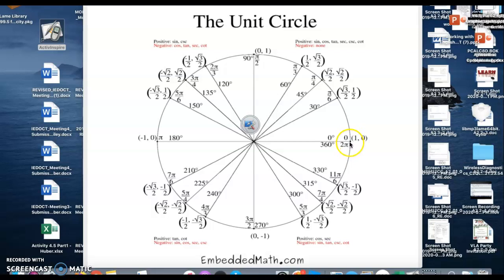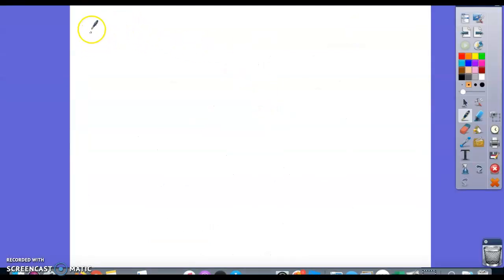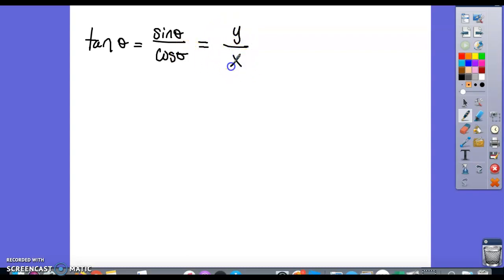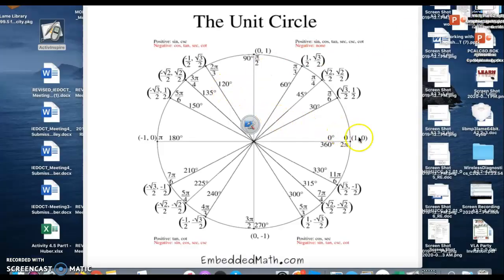All right, so when we are graphing tangent, remember that tangent is sine over cosine. Sine is our y coordinate, cosine is our x coordinate, so it's y over x.